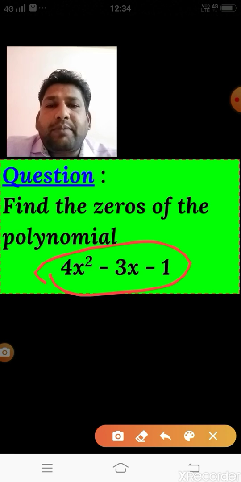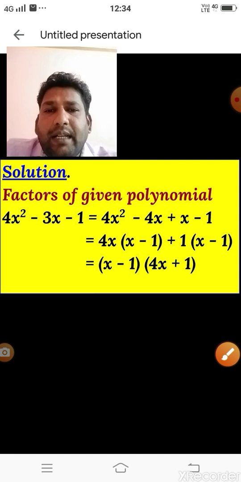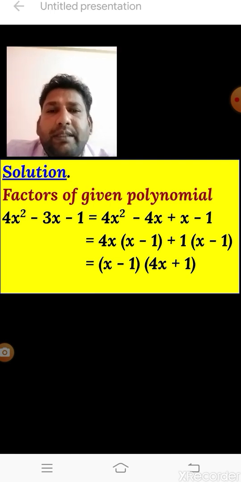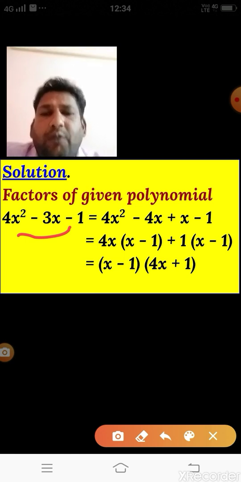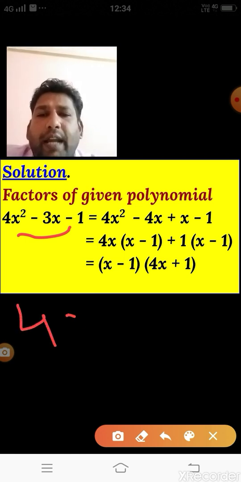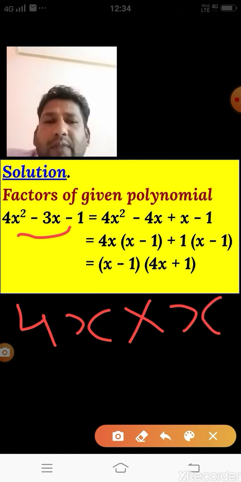Again I am repeating the same sentence: the value of x is called the zero of the polynomial if the polynomial has variable x. And let us make the prime factors of this. 4x square is written as 4x into x, and the last term, 1, is written as 1 into 1.